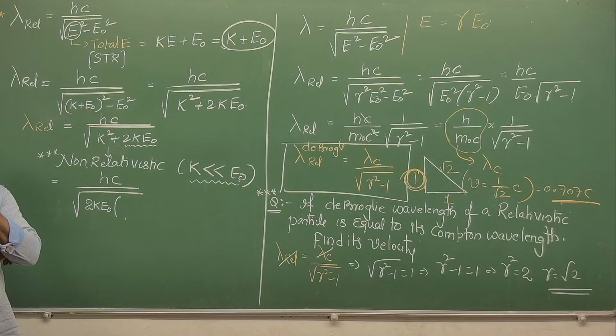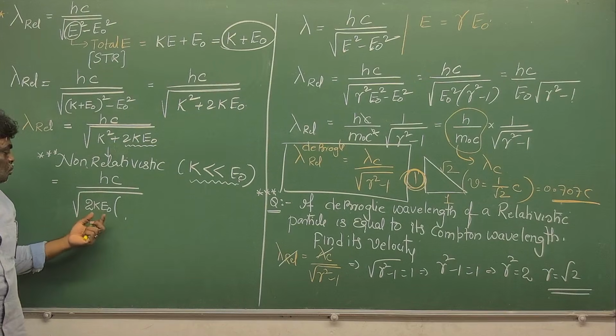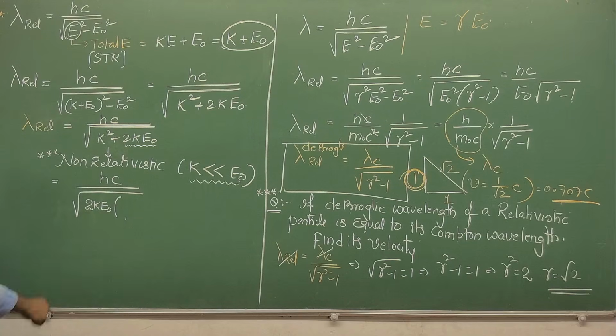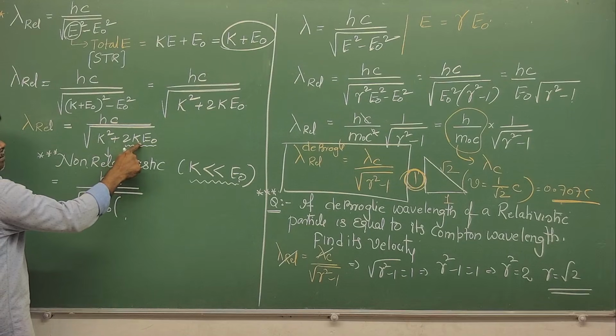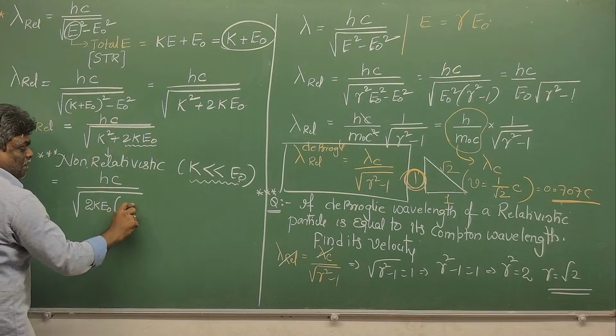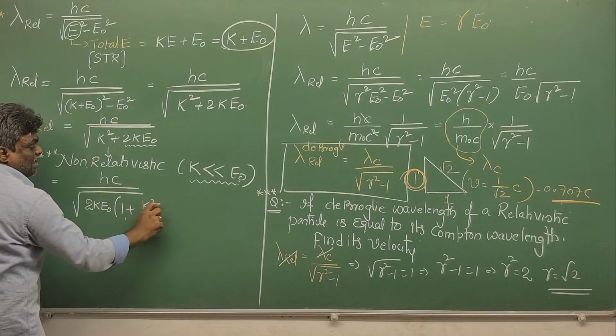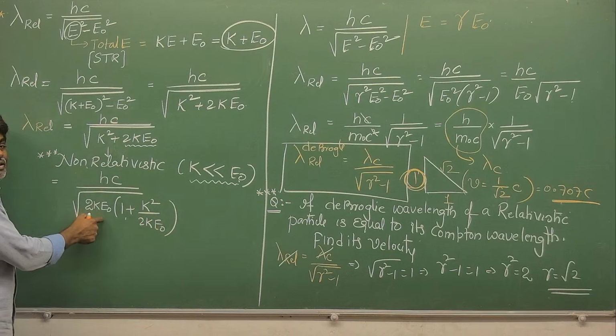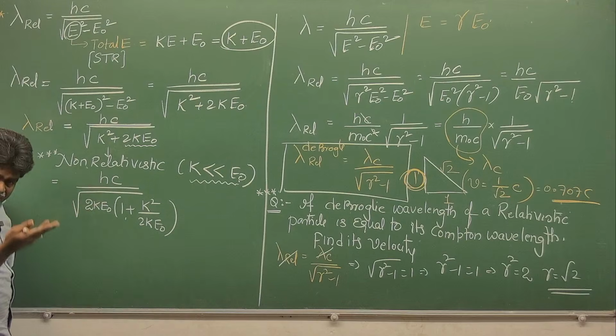Please take the common 2K E naught. When you take 2K E naught common, what comes here is 1 plus K square by 2K E naught. Whatever you are taking common, if it is not there, write it in the denominator.